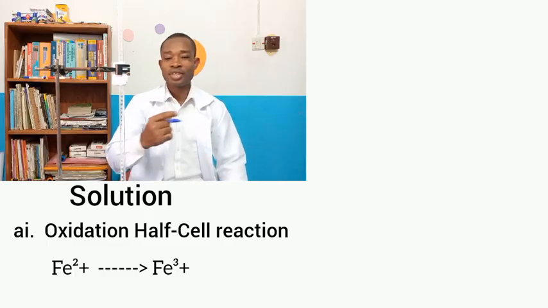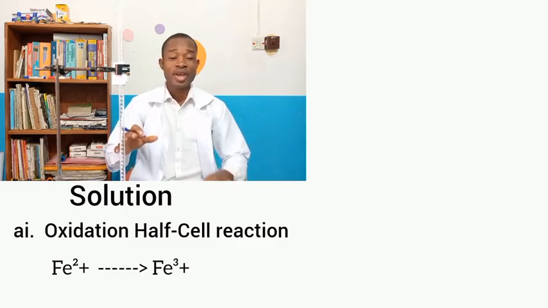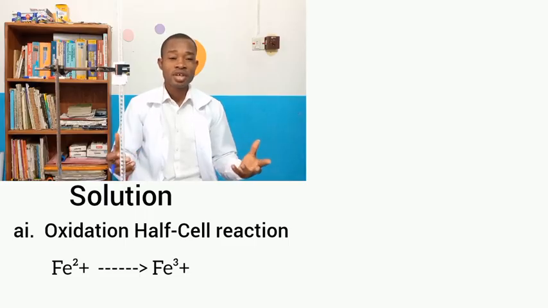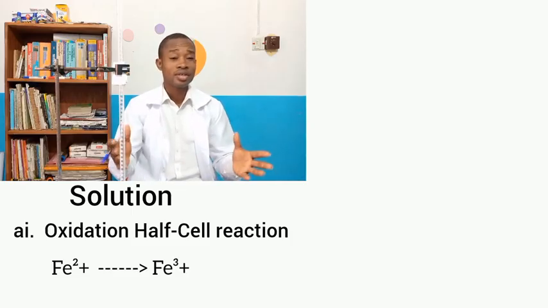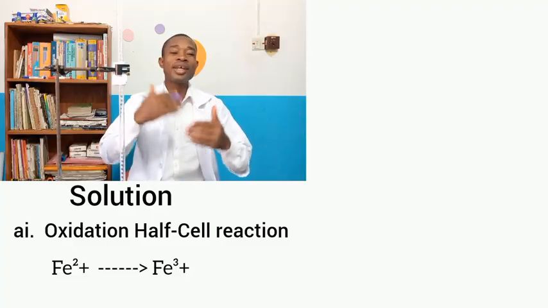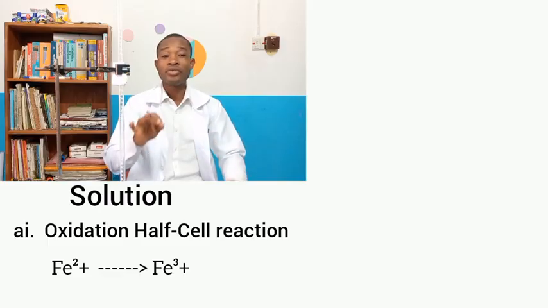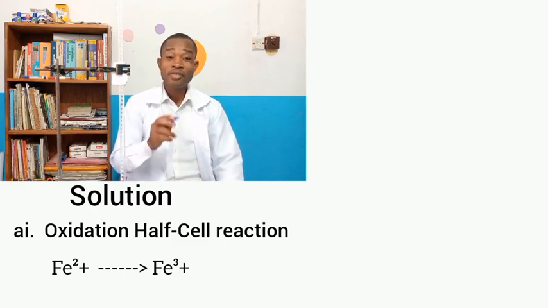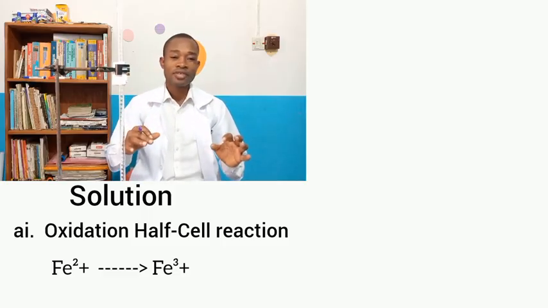Then if you look at the reaction equation, you observe that it is not balanced. The oxidation number in the reactant part is 2. But in the product side, where iron 3 ion has been formed, we have the oxidation number to be 3. You know, when oxidation occurs, electron is being lost. The result is that the oxidation number will increase. I'm going to dedicate a special video lesson on redox reaction to give further explanation to this concept. Because believe me, this is something you already have good knowledge of.